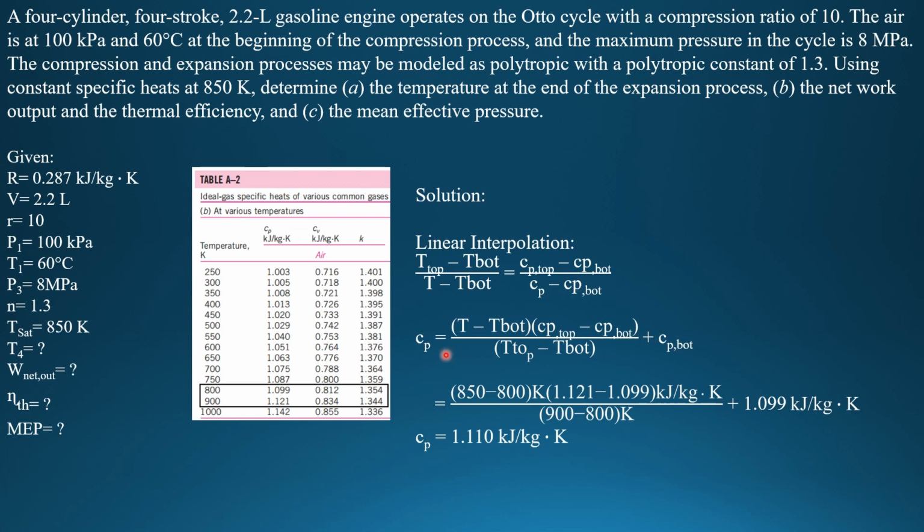The constant pressure specific heat at 850 Kelvin is equal to the Tsat minus the T-bottom times the Cp of the top minus the Cp of the bottom over the T-top minus the T-bottom plus the Cp of the bottom.